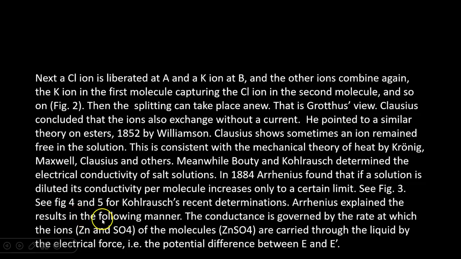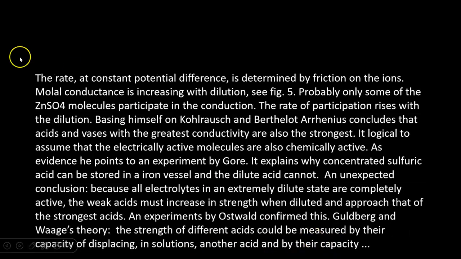Arrhenius explained the results in the following manner. The conductance is governed by the rate at which the ions, in this case zinc and SO4, of the molecules ZnSO4 are carried through the liquid by the electric force, the potential difference between E and E'. The rate at constant potential difference is determined by frictions on the ions.